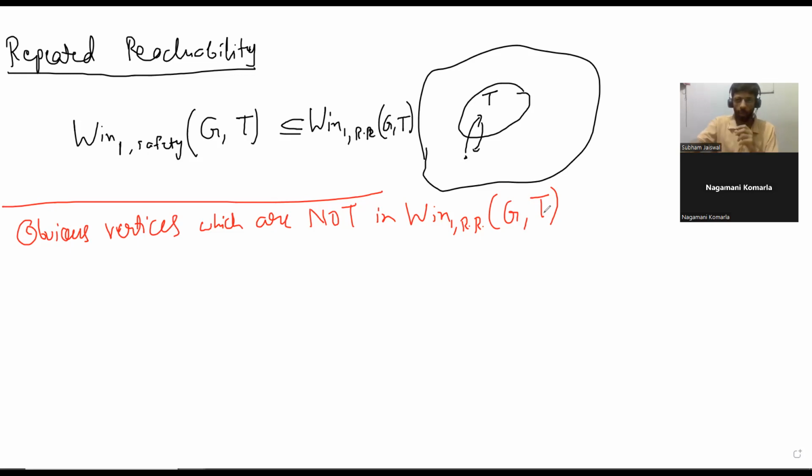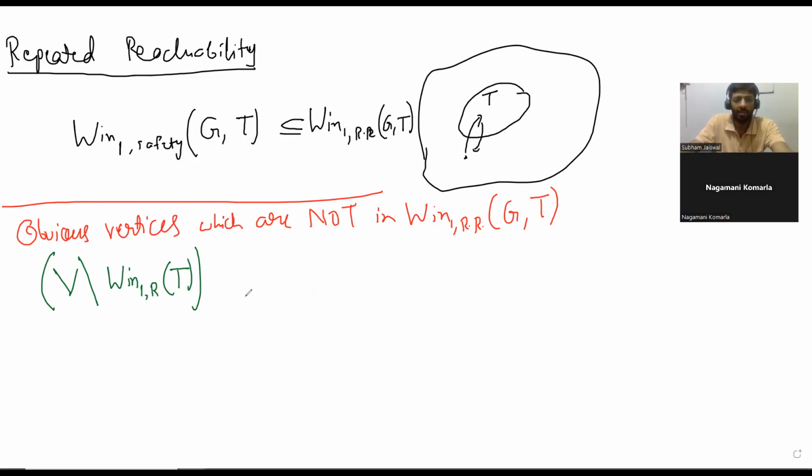So you will notice this, let's see if you agree with this. The complement of Win1 of only reachability. Maybe I can just write Win0, but let me write it like this. This is certainly in the complement.